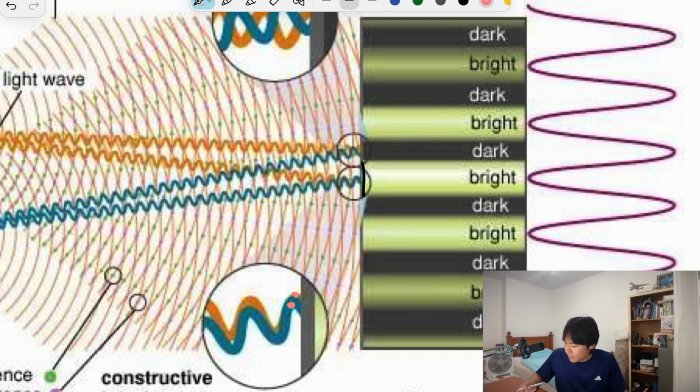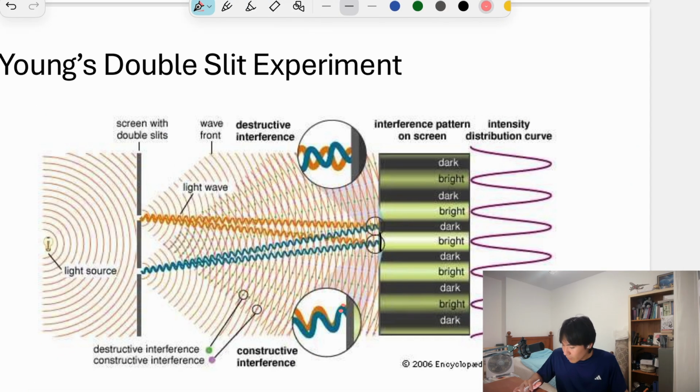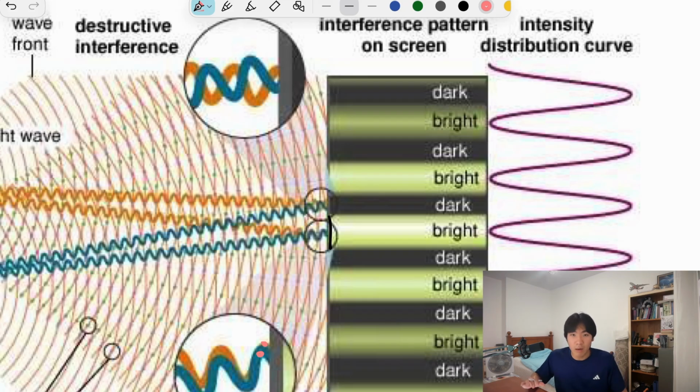And here, they have the opposite phase, so they have a peak to trough interference, which means that they're going to interfere destructively, hence a dark region. Okay, and these bright fringes can only be explained if light has wave properties, because particles, if you imagine, don't do this.